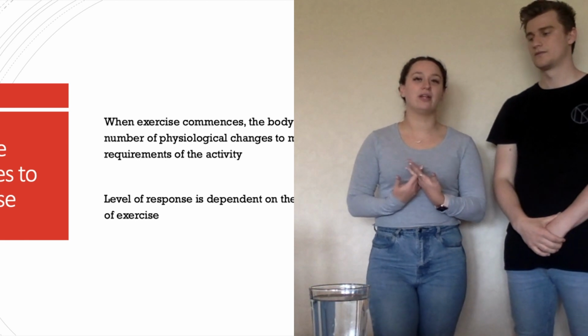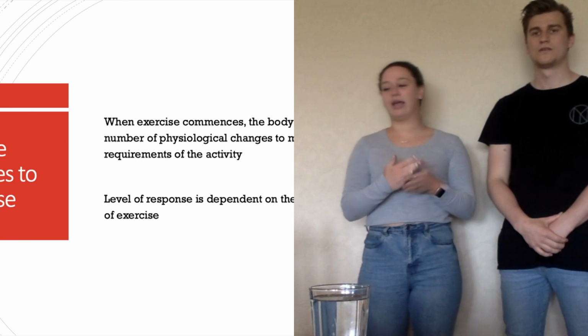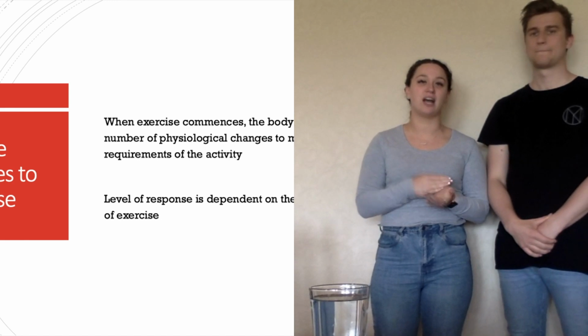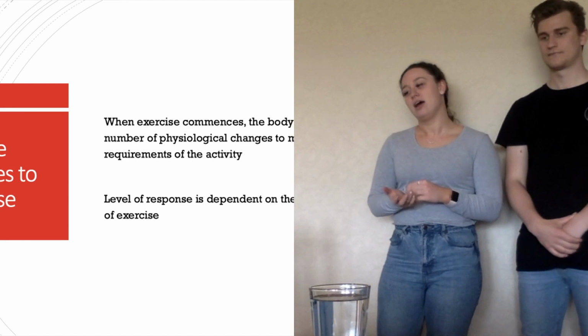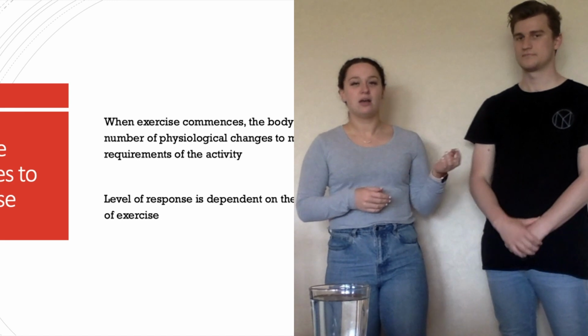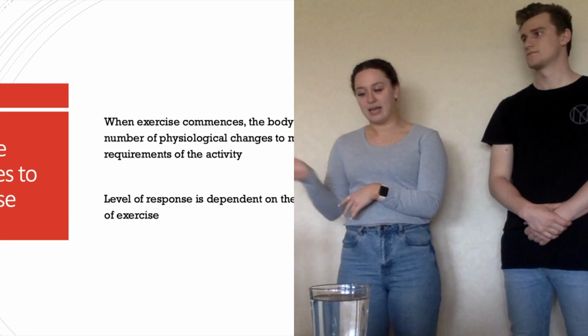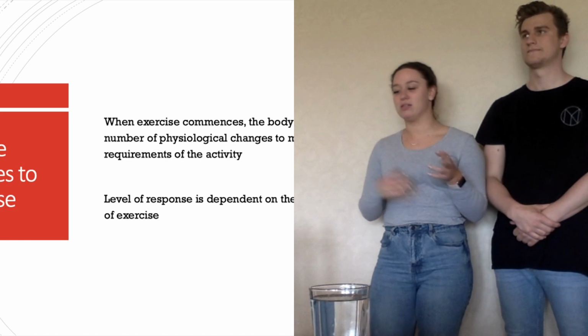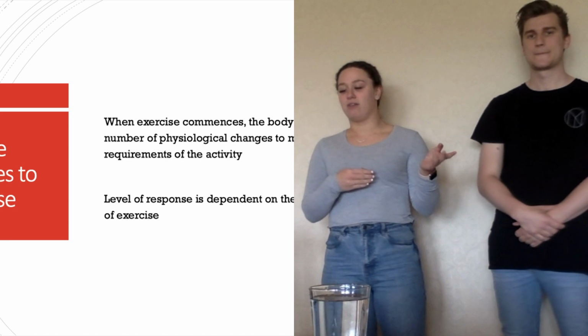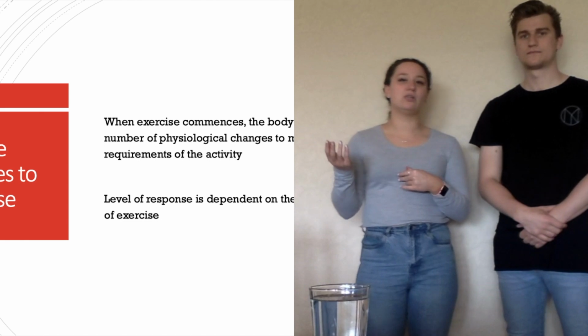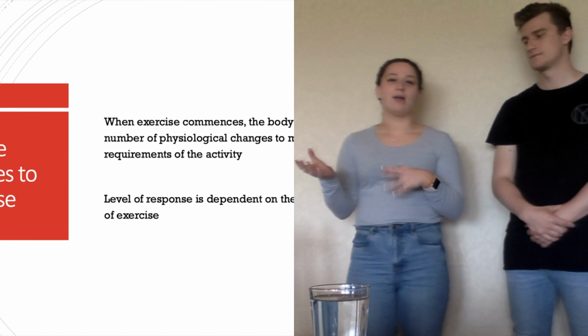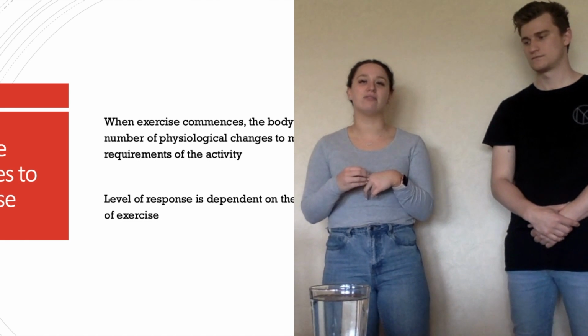So the first thing we're going to look at is what acute responses to exercise actually are and why they occur. When exercise commences, the body goes through a number of physiological changes to meet the energy requirements and oxygen requirements of the activity. Therefore, the level of response is always determined by the type and intensity of the activity.